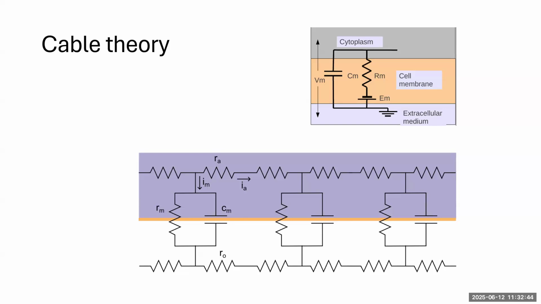So if Rm is the total membrane resistance, as we increase the surface area, again it divides, and for unit length, as you increase the length, it will be proportional to the length. Sorry, my bad.